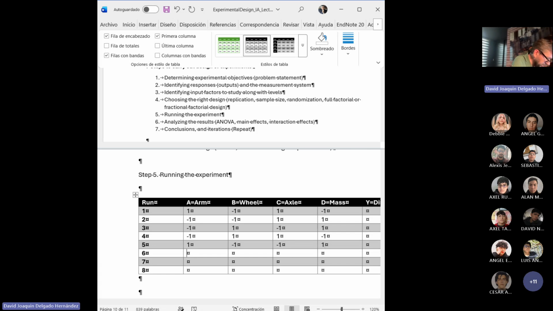Perfect. 6, it is 1, -1, again 1, and -1. The seventh, it is 1, 1, and then -1 and -1. And finally, the last, it is all of them 1.